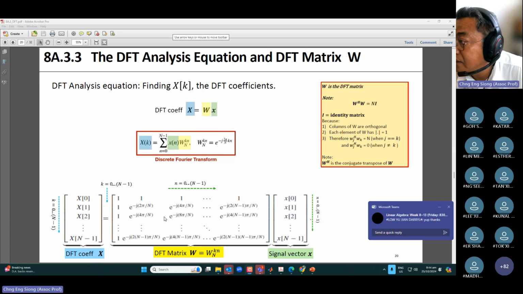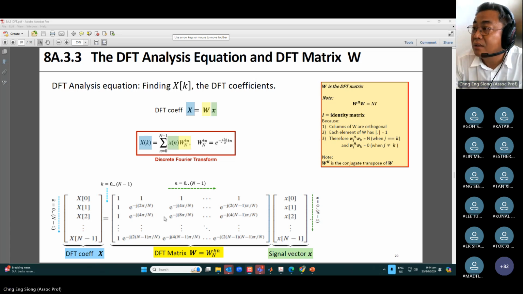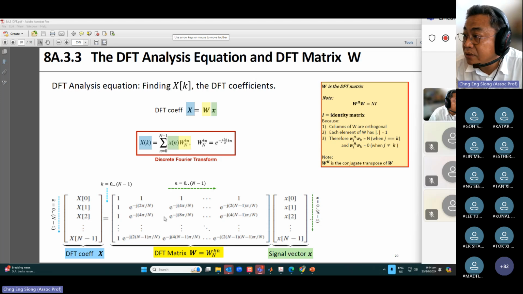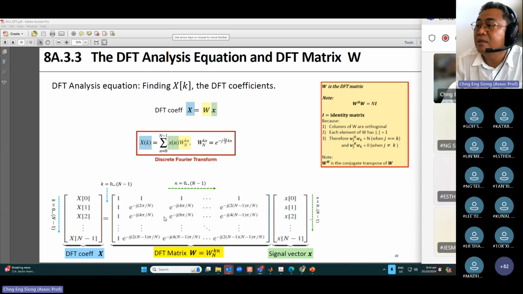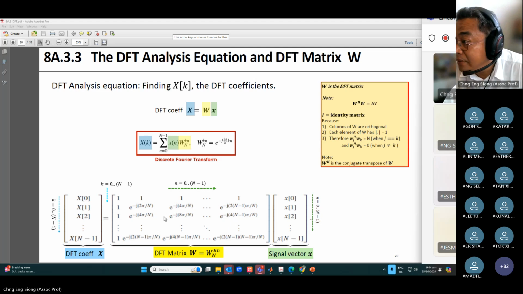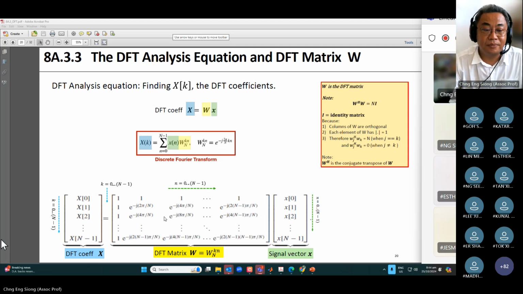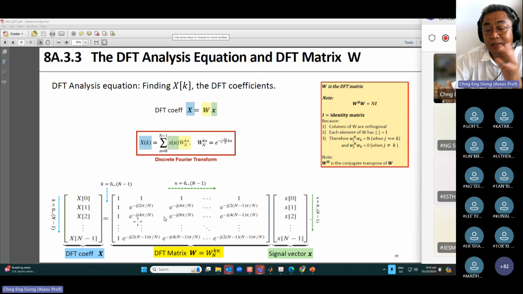Why is it a linear transformation when it has sine? You're talking about sine? All right. The sine and the cosine happen in this element, e to the minus j 2 pi over n.